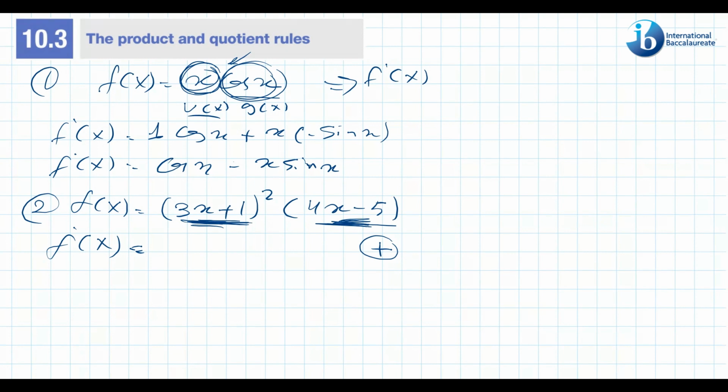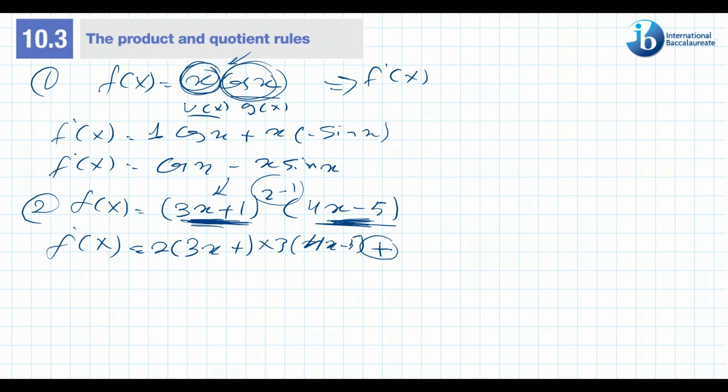Then to differentiate this part, it becomes 2 by, then subtracting 1 from the exponent by what? By 3x plus 1 times the derivative of this function, which is 3, right? Then times this function, which is 4x minus 5.